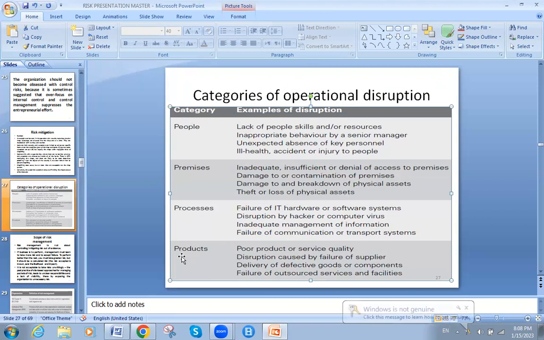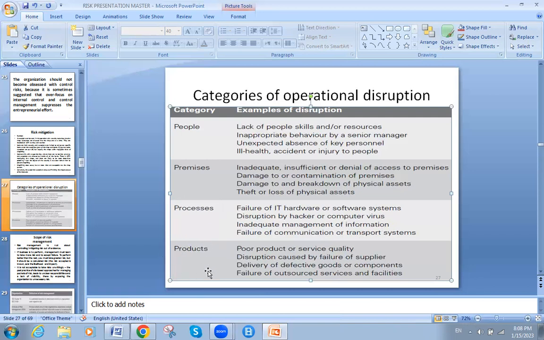The third type of operational disruption is the process. The process is the part of the job that executes or gets the job done. Examples: failure of IT hardware or software systems, disruptions by hackers or computer viruses, inadequate management of information, failure of communication or transportation systems. Those are also regarding the process.